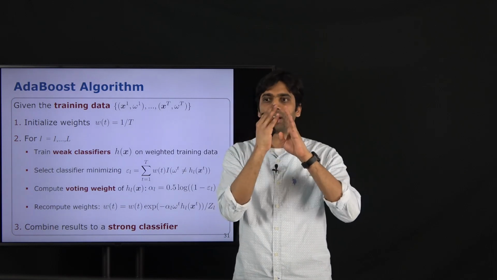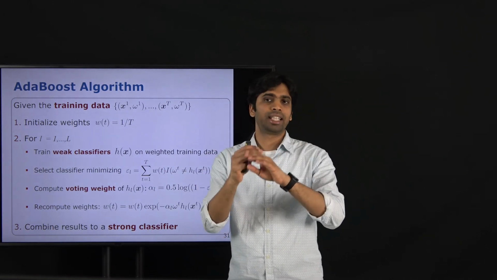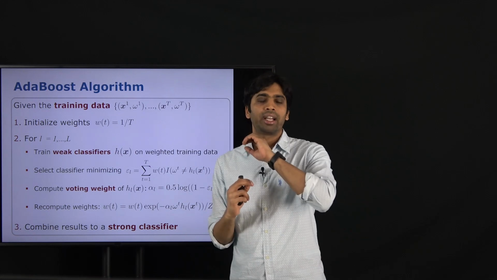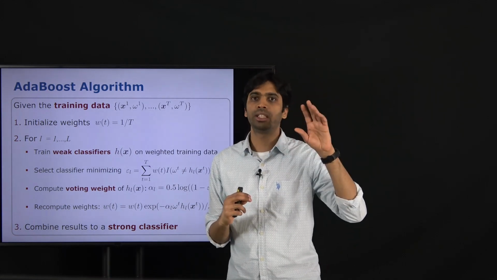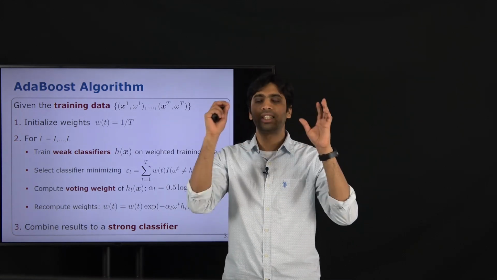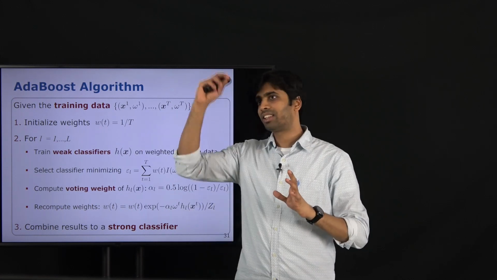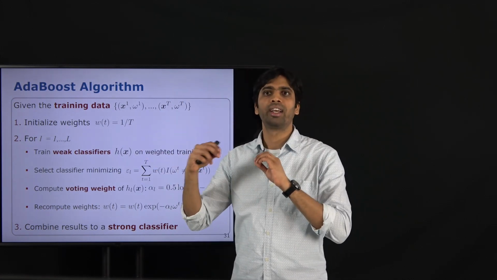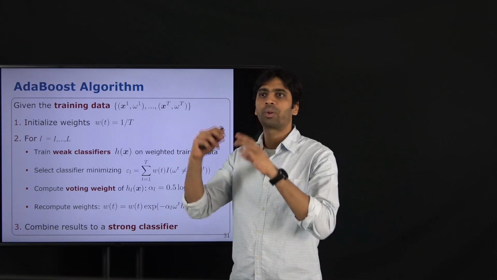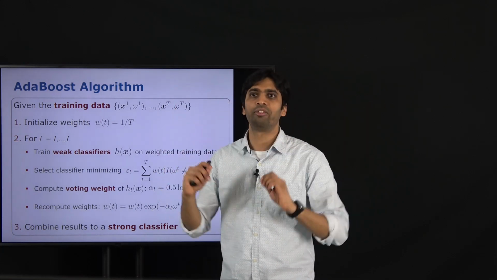For example, a case at the extreme would be, let's say I have 10 examples and 9 of them are so easy to classify that they have weights of, let's say, 0.01. Whereas the other example is so important that I don't want to make a mistake that it could have whatever 0.91 weight or something like this.